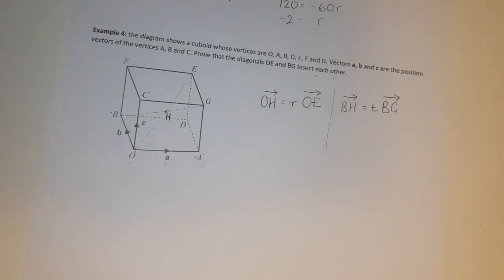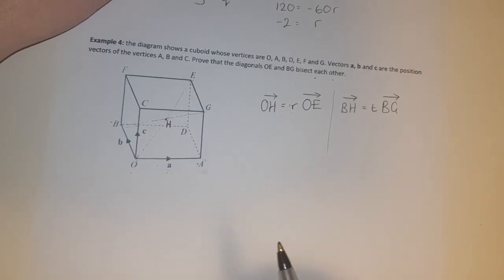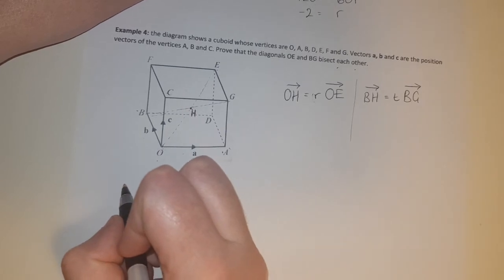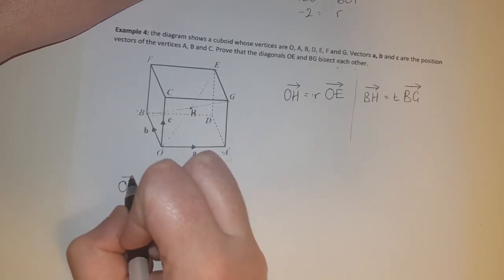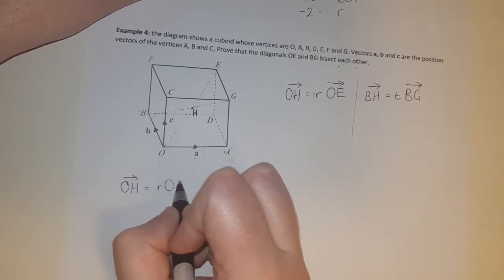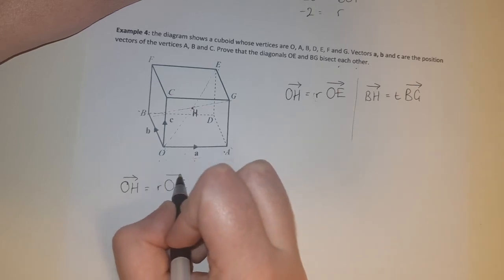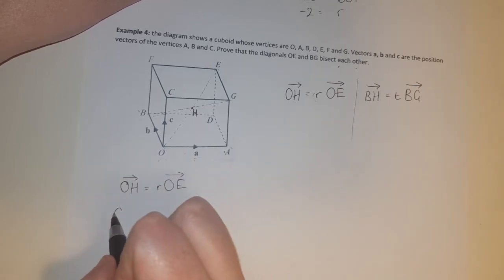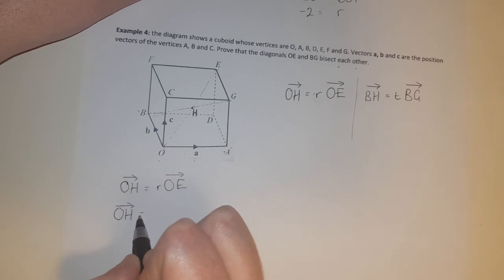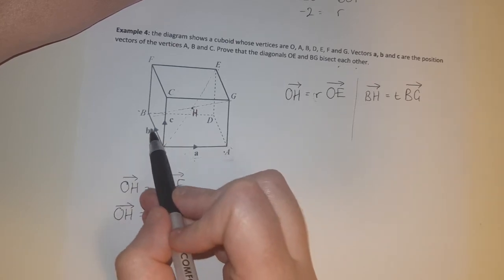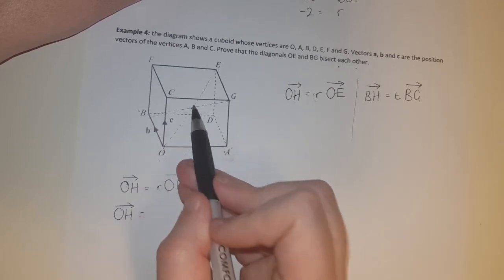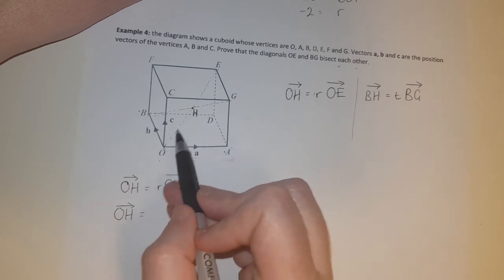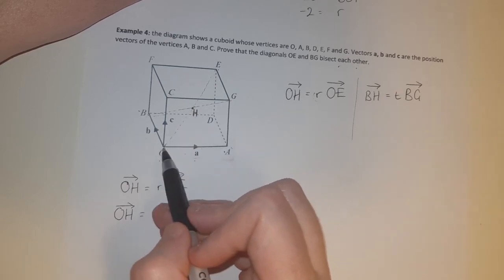And what we're going to do is basically, if I look at what I can rewrite, so I know O to H is equal to some multiple of O to E. I can also say that O to H is the same as if I went from O to B and then B to H. That's exactly the same distance, or got me to exactly the same place as going straight there.